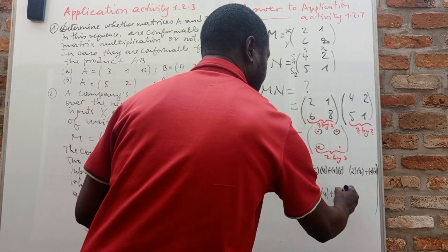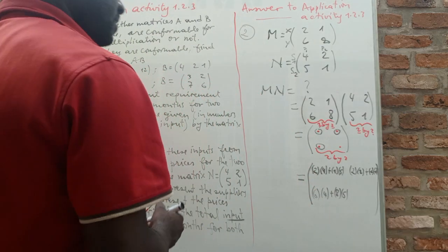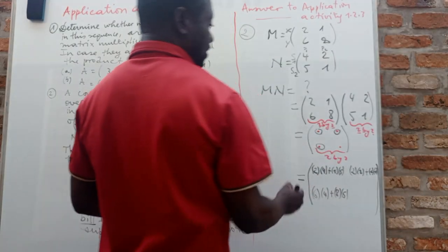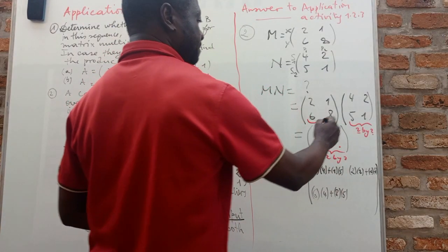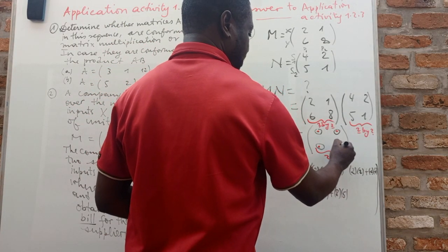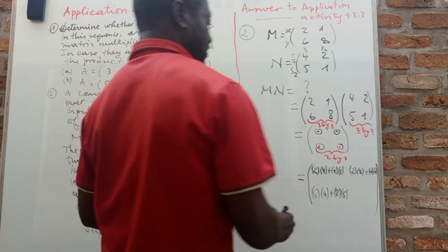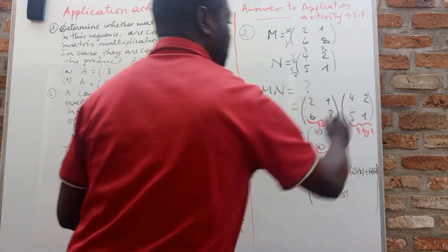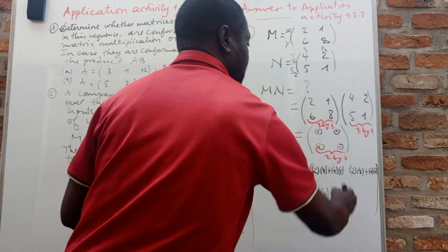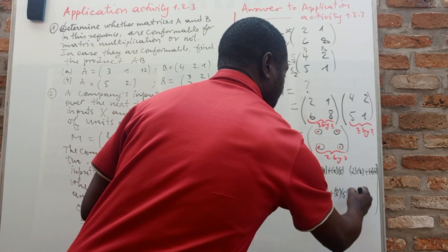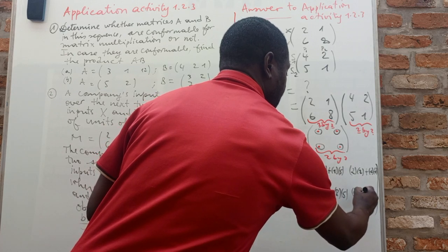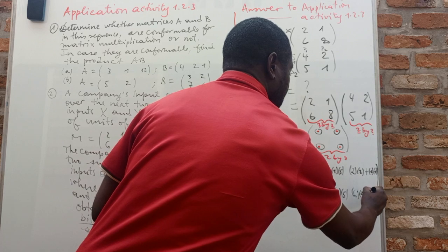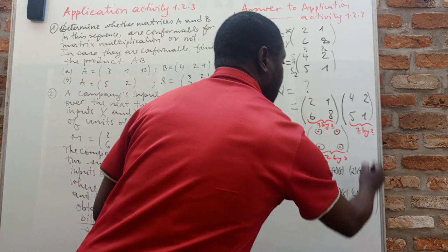And the last entry, the second row times the second column: 6 times 2 plus 8 times 1.